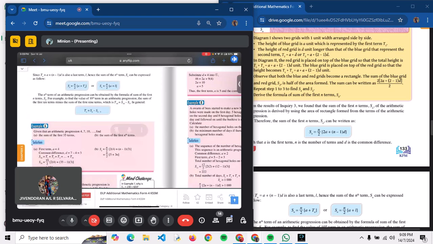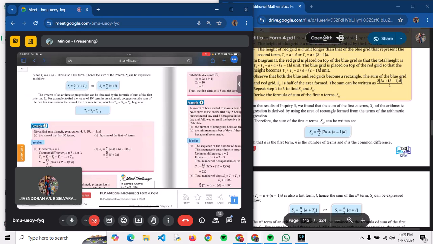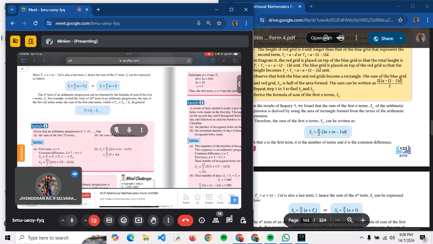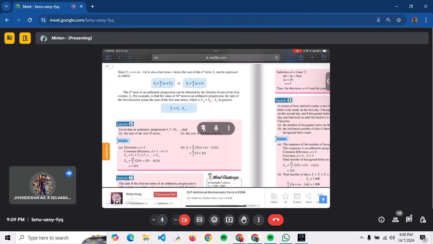But in the exam, the most famous one is the first formula we showed you just now. This one is very rare to come up in exams. Okay, so I hope I answered the question. Okay, we can go to example 7.